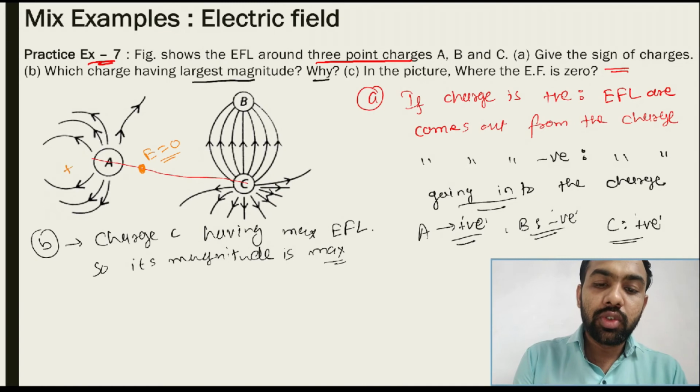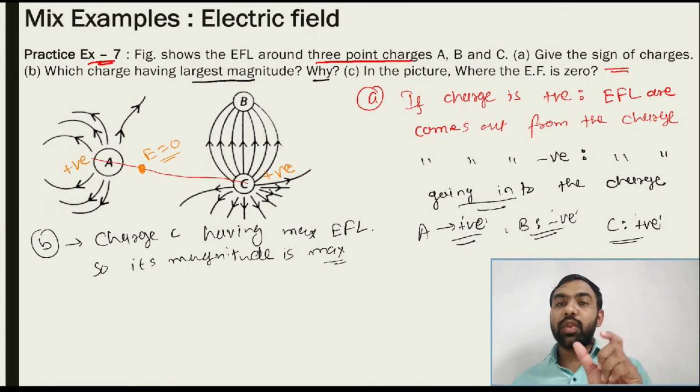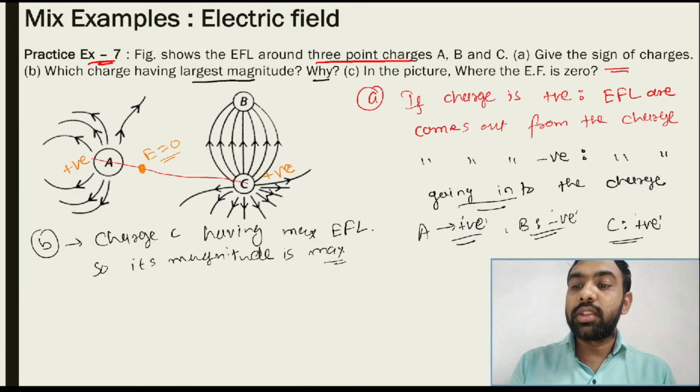A is positive and C is again positive, so the electric field is 0 between the two positive charges, wherever the charge has a smaller magnitude. Out of these, C has the largest magnitude and A has a small magnitude, so near A.